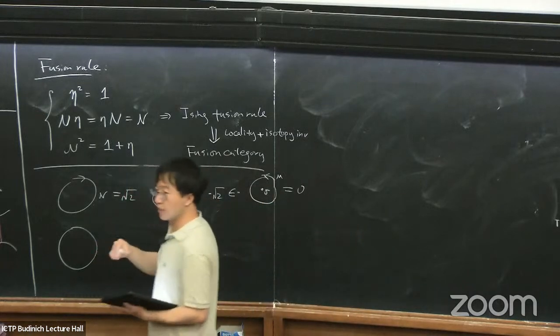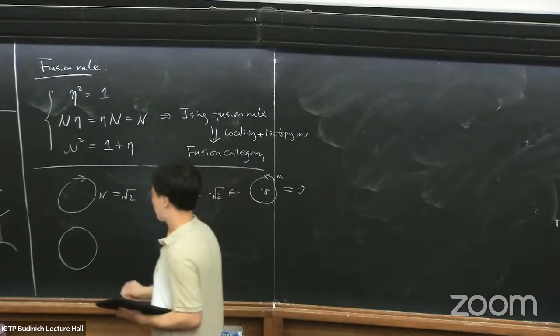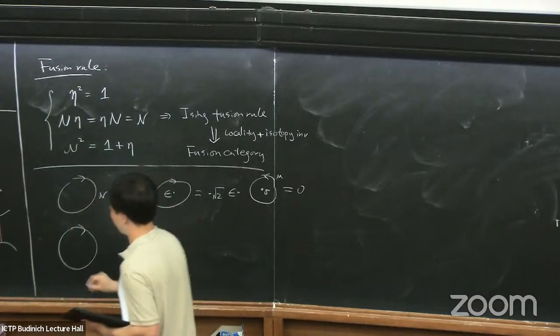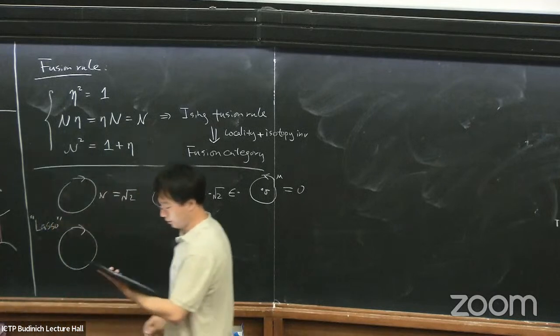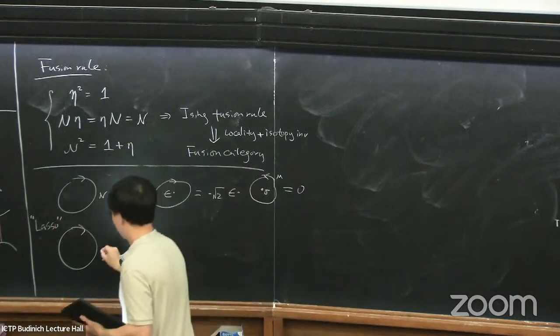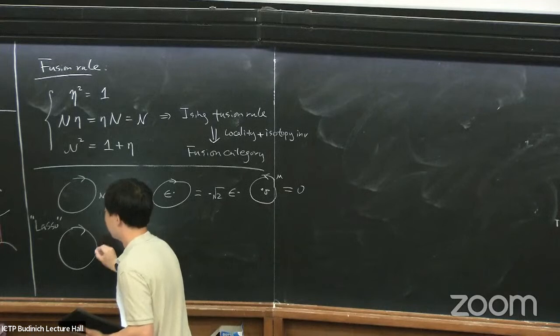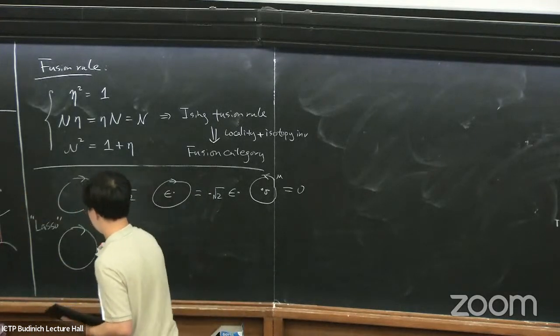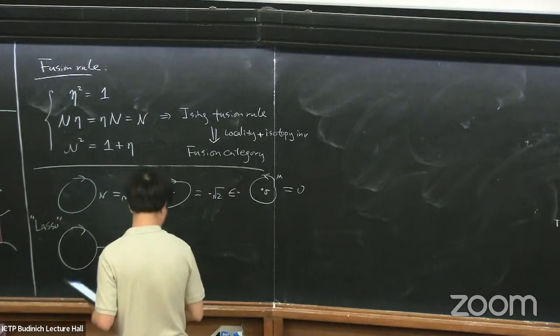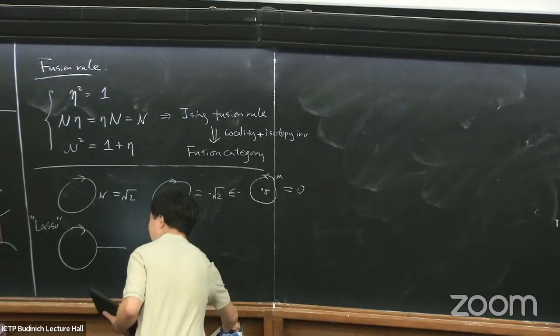Such linear operations are represented by, again, this kind of diagram, which we call a lasso diagram, potentially with a non-trivial junction. I'll be using the red to represent eta.